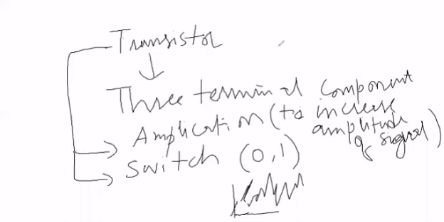Okay, it's like that. The current is a function of this signal, and this signal is a function of time, and this signal is very weak.